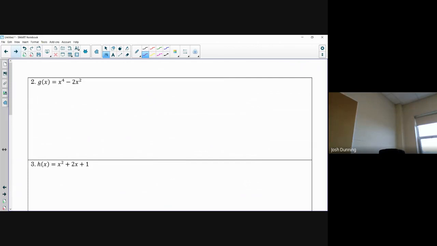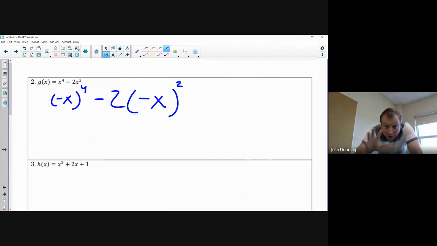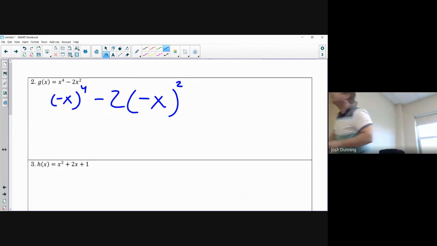Now, number 2, same idea. Put negative x in. Go through the sign changes this time. Negative x to the 4th. Okay, think about it. 4 powers. Negative times a negative, positive. Negative times another negative, back to positive.